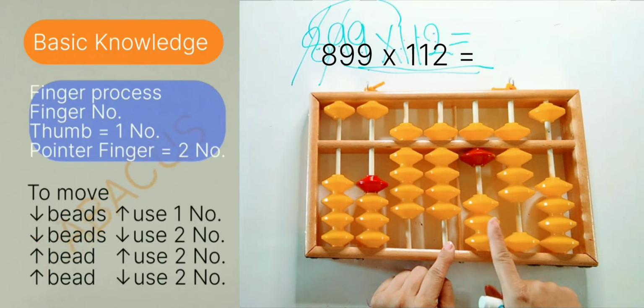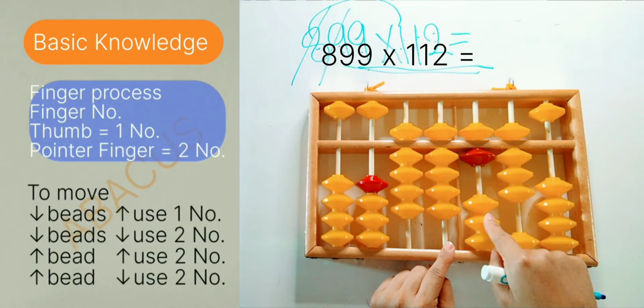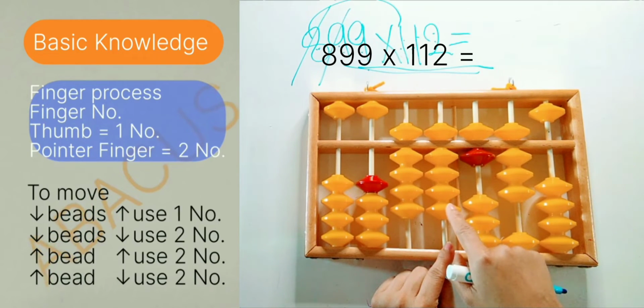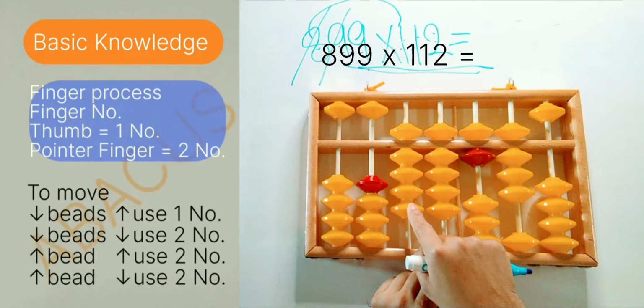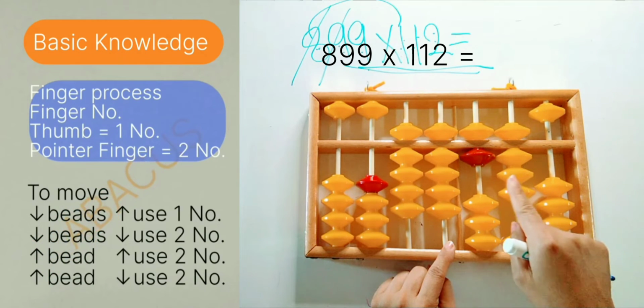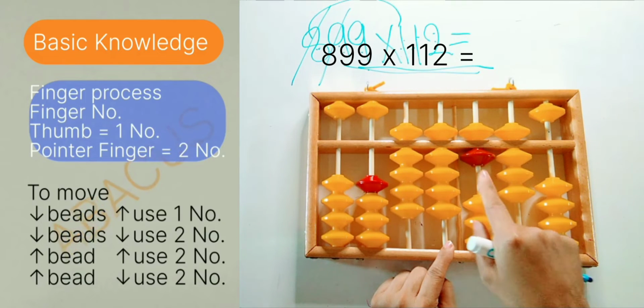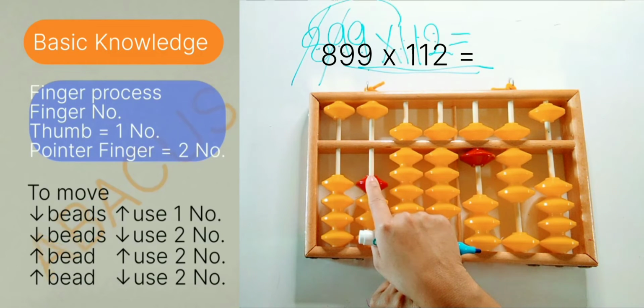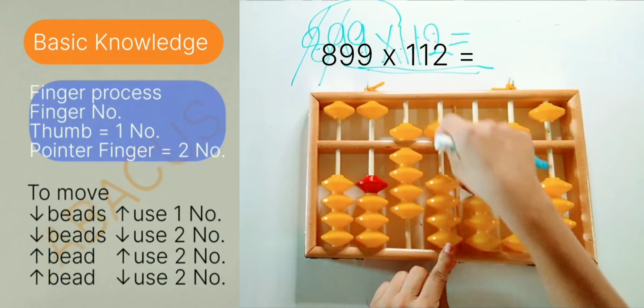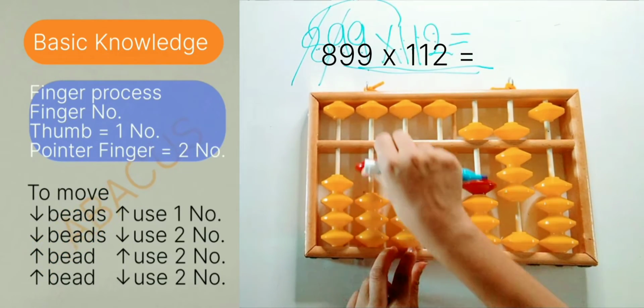I'm going to add 9 here, but tens rod also moved, 100 rod also moved, so 1000 rod. To add 9 here, I have to borrow this 1000. Okay, so reduce this one, reduce all this one, all this one, and borrow this one.